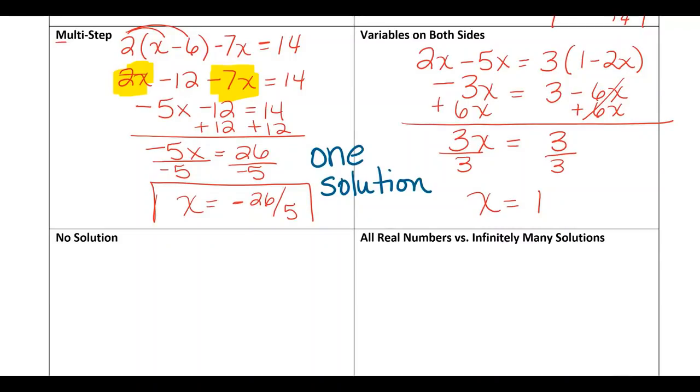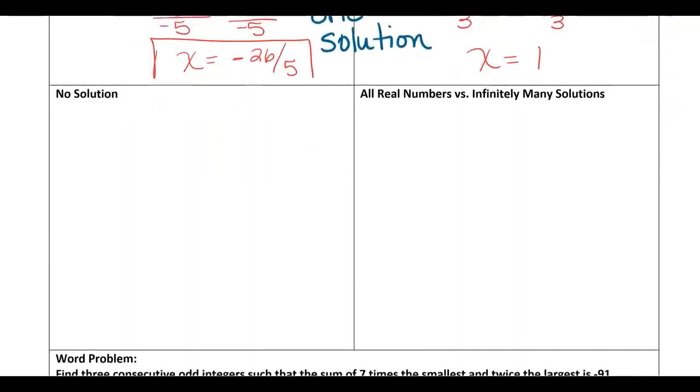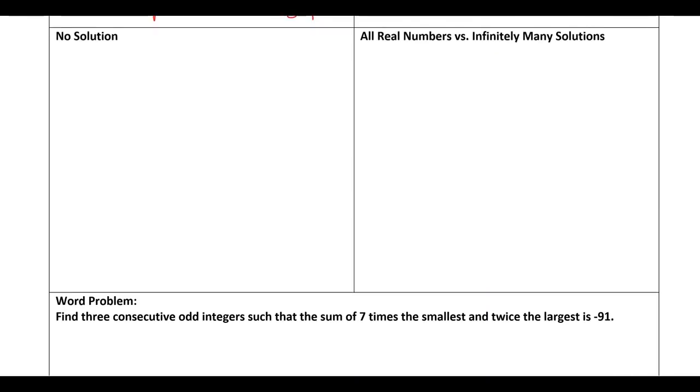Now what happens is when you have variables on both sides, you get 2 cases that pop up. And those 2 cases, one is no solution, and the other one is all real numbers. But I have found over the years, you mistakenly use infinitely many solutions. It is not the same thing in this case.